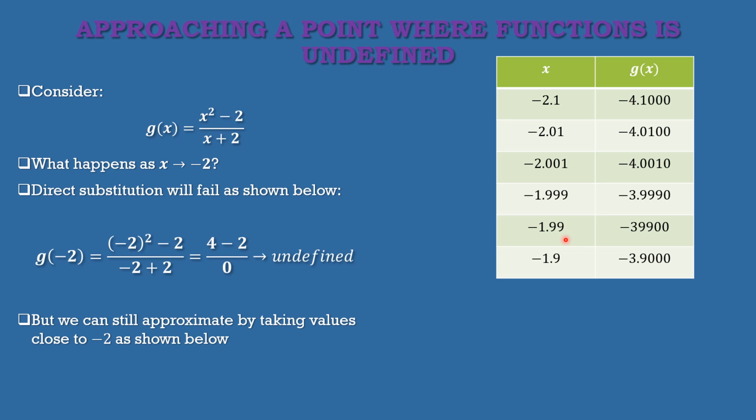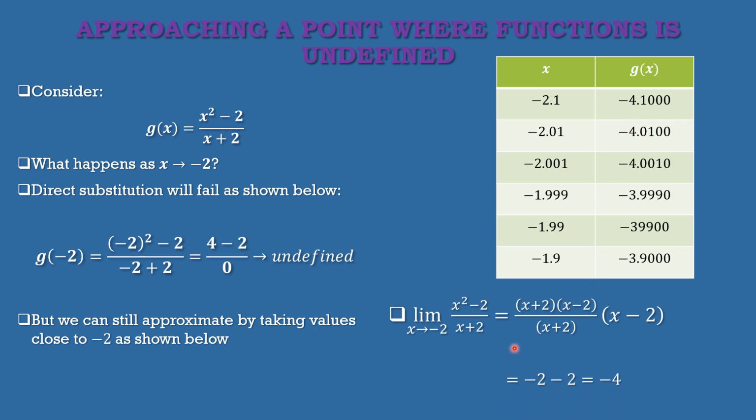Minus 1.99 resulted in minus 3.99, which means that anytime x gets closer and closer to minus 2, the behavior of g of x will also be getting closer and closer to minus 4.